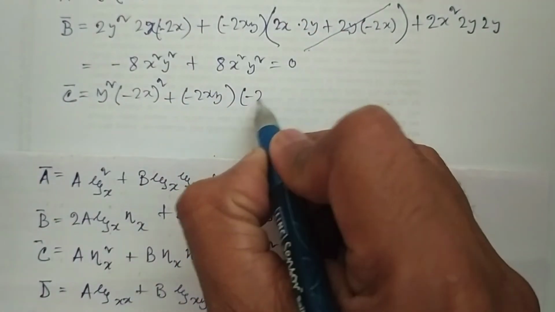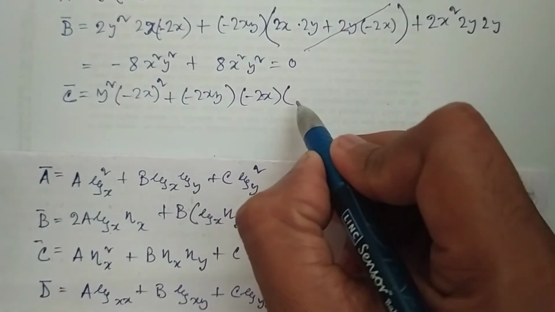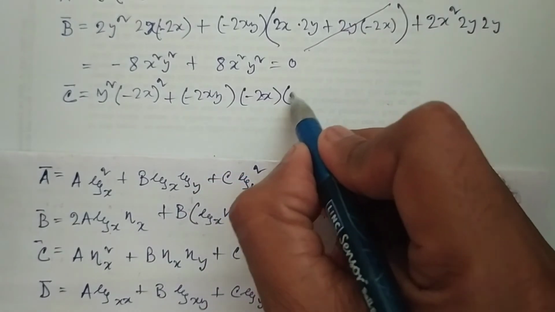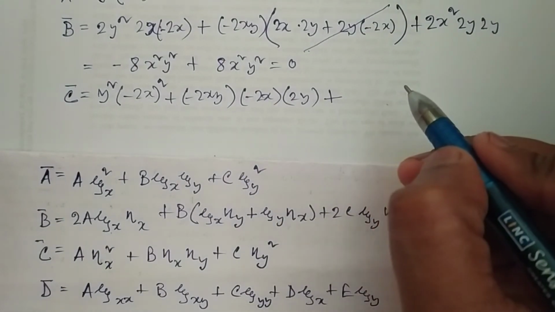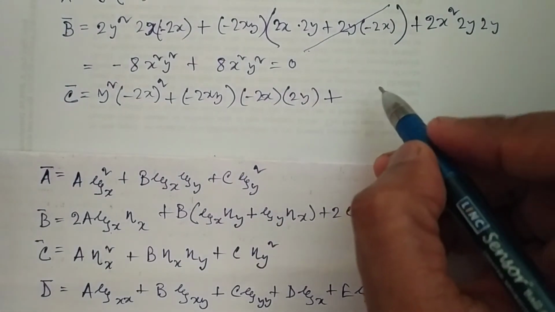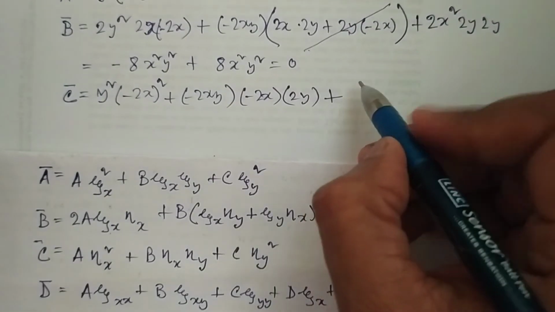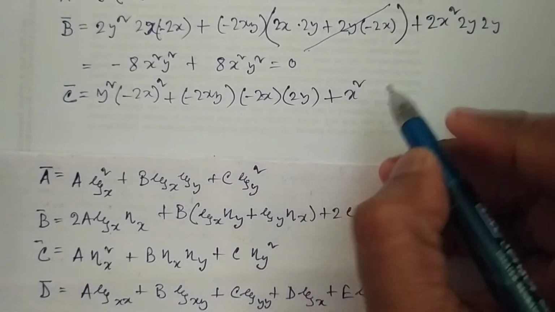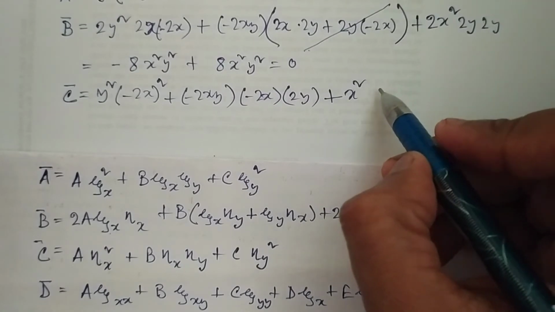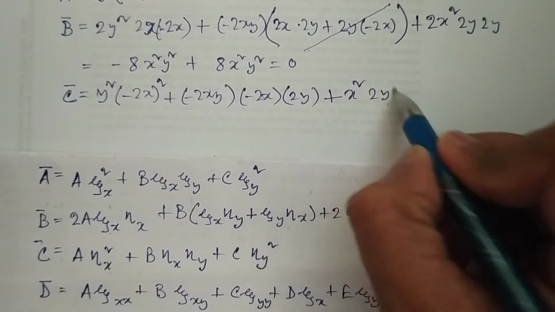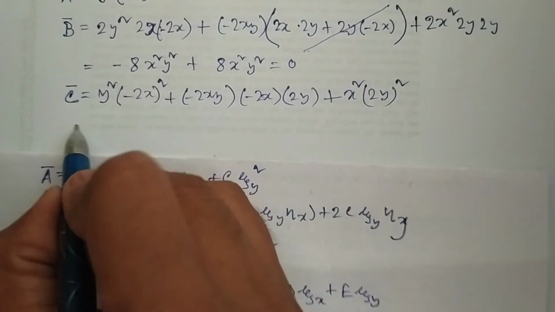Eta x is minus 2x and eta y is 2y, plus c is x square and eta y is 2y square.